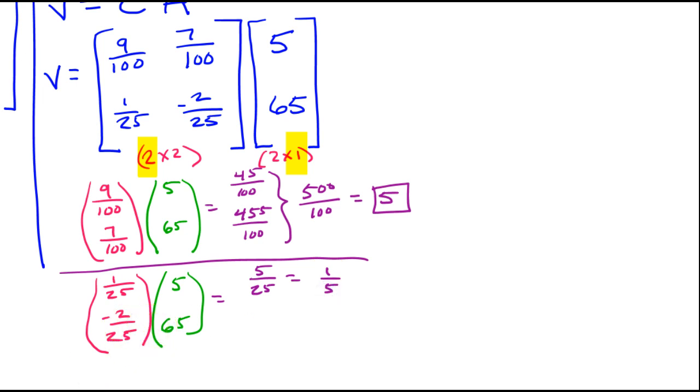And then, let's see, I've got -130 25ths, okay, which reduces down to -26 fifths. Okay, so if I add these together, I'm going to get negative 25 fifths, which of course equals negative 5.